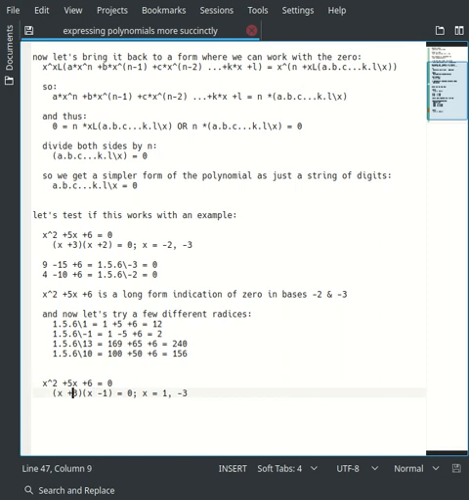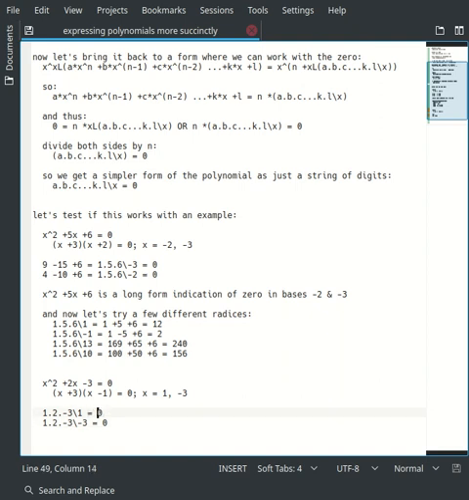And now if I add those together, I get 2 over here. If I multiply them together, I get a -3 over here. So now we should be getting 1, 2, -3 in base 1 equaling 0, and 1, 2, -3 in base -3 equaling 0.